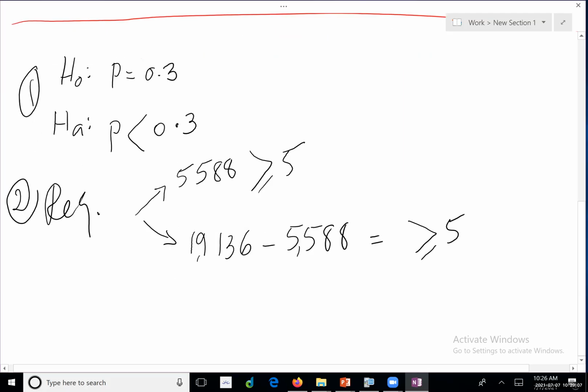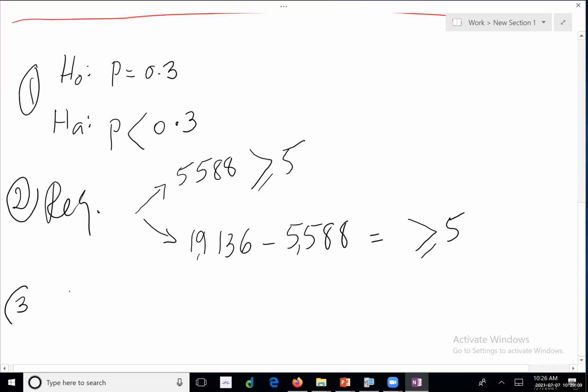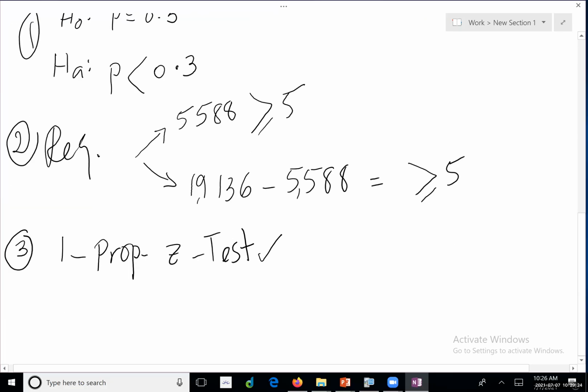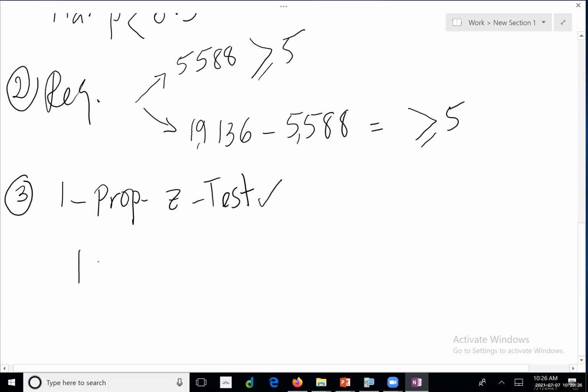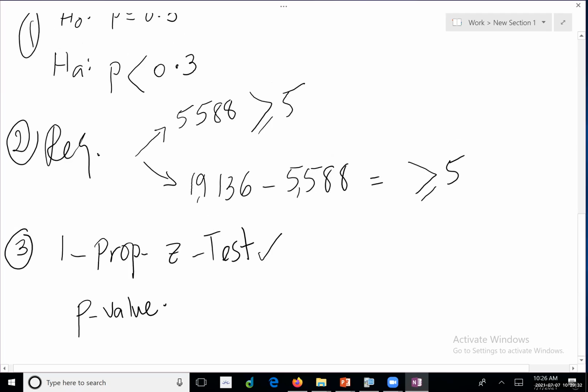Now we need to use our calculator. In this step, you're gonna write me what calculator command you are using. You are using one prop z test. It is not about interval, it is about testing. So you find that on your calculator, and then you're gonna tell me what is the p-value. So I want all of you to do this step. Find one prop z-test with just the knowledge you have right now.